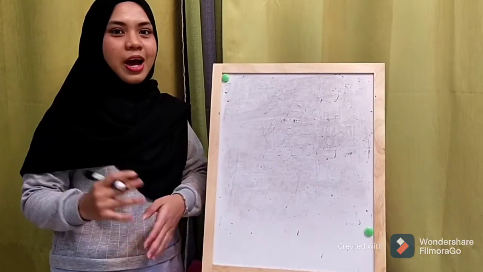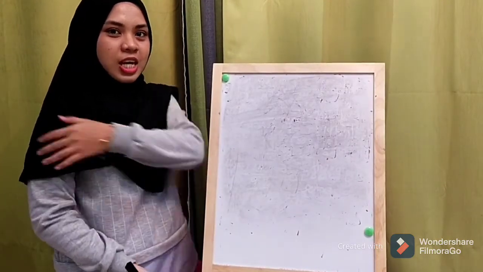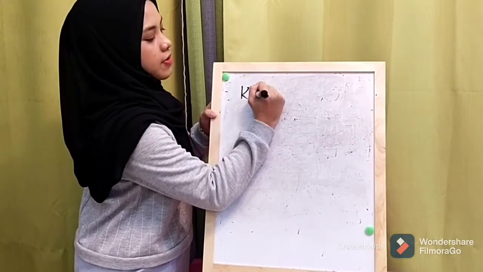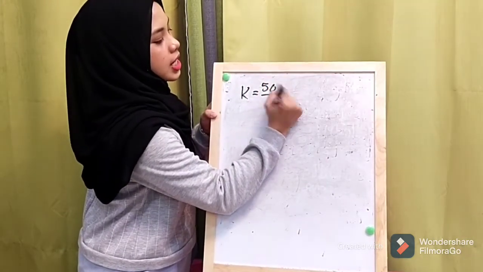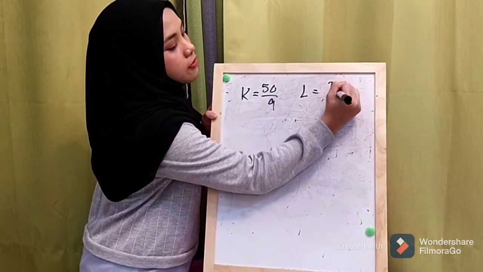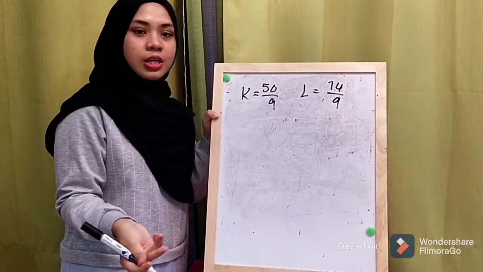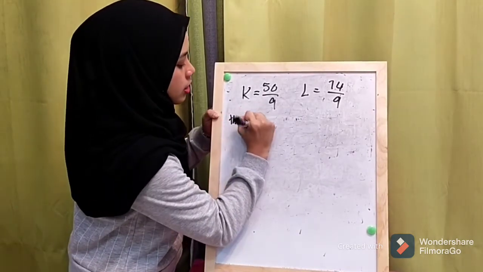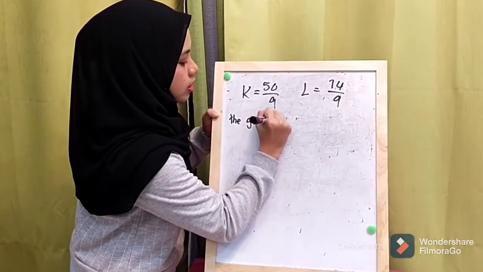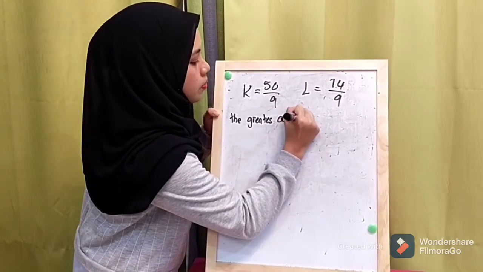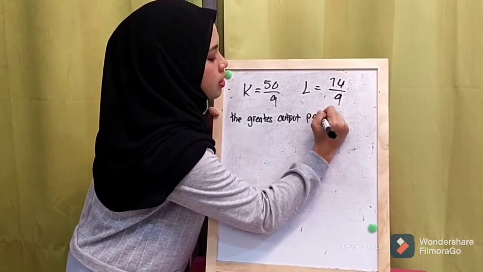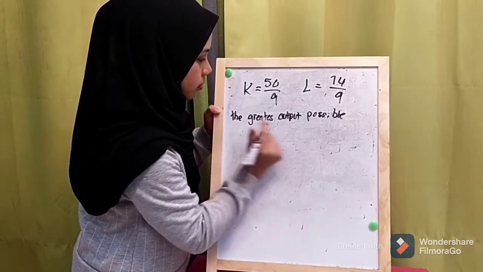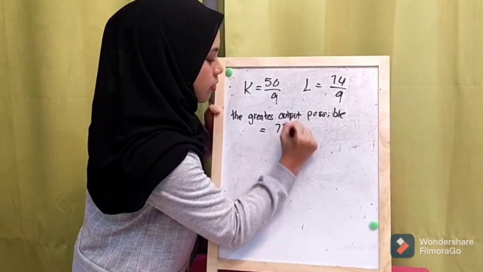Finally, we are at the last step of this question. We already got the K value is 50 over 9 and the L value is 74 over 9, and the greatest output possible value is 724 over 9.